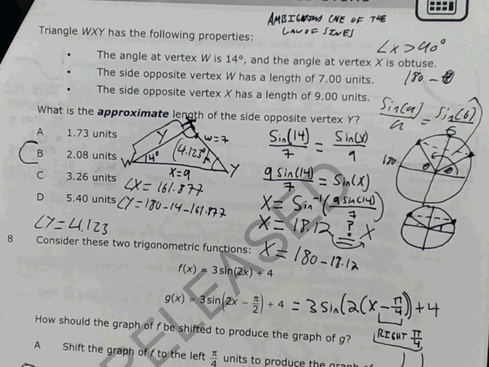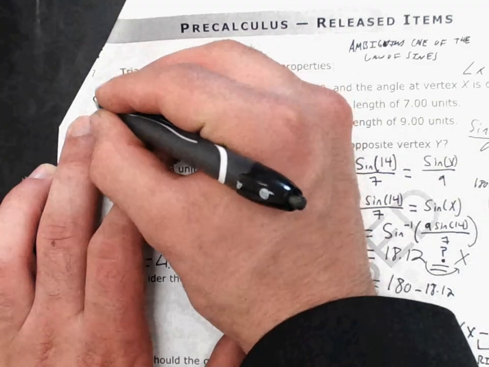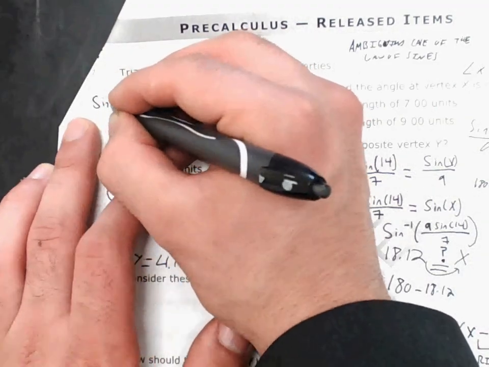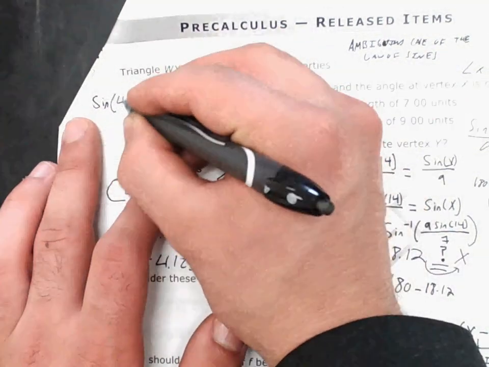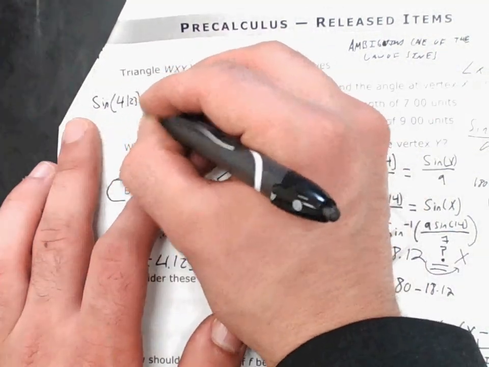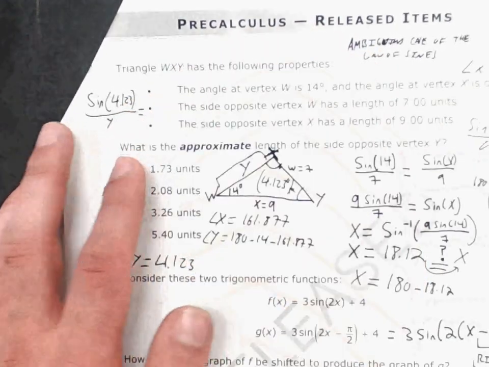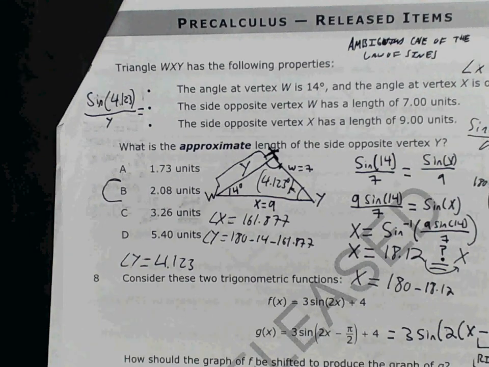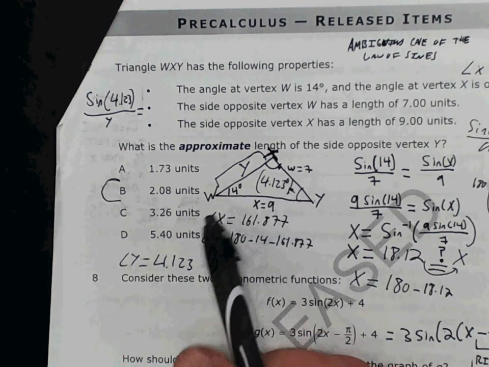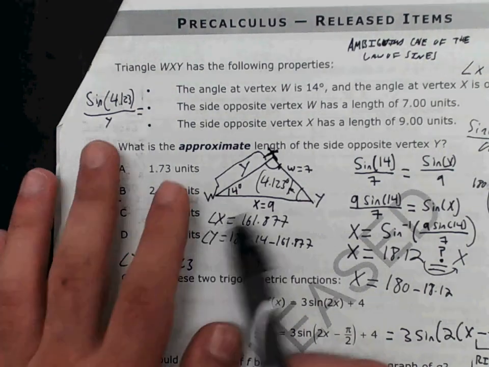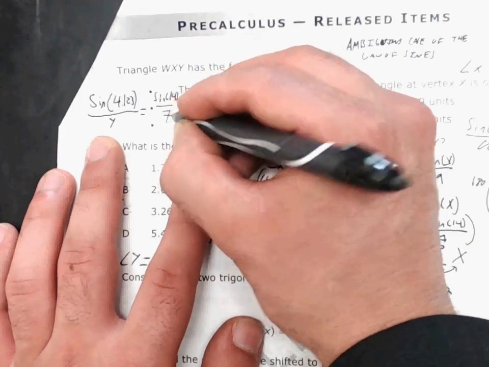Well, we can say that the sine of 4.123 over y can be equal to, let's just pick W, the sine of 14 over 7.